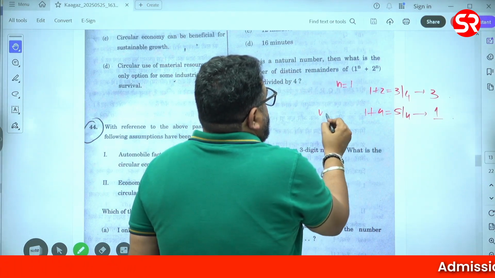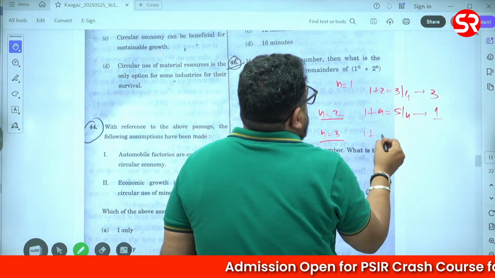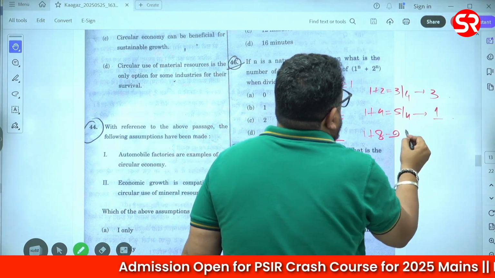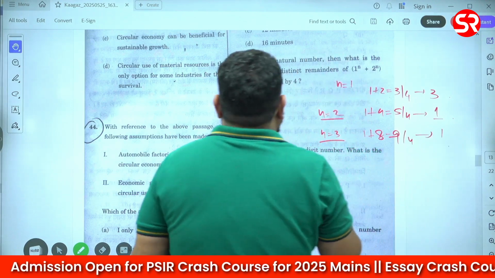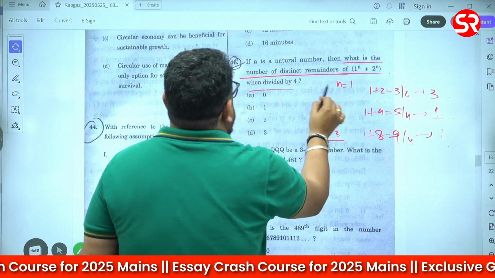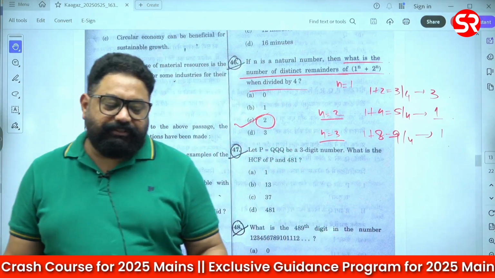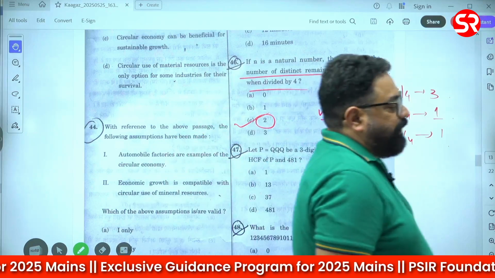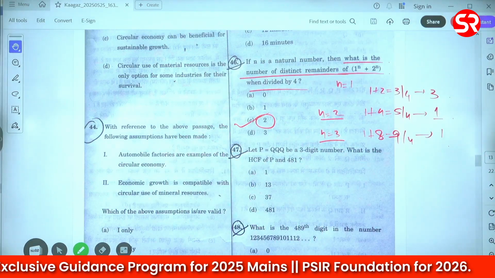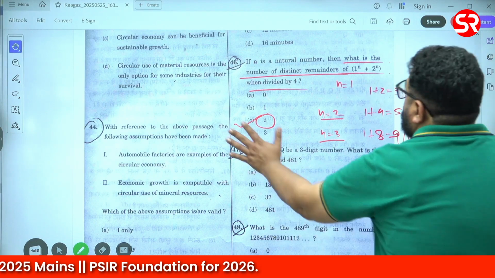If n is equal to 3, it is 1 to the power 3 plus 2 to the power 3, which is 8, divided by 4, remainder is 1. So you realize what is the number of distinct remainders when divided by 4? There are two distinct remainders. We get 3, and otherwise we keep on getting 1. So that is how you get it. I think you should have done this question, guys.